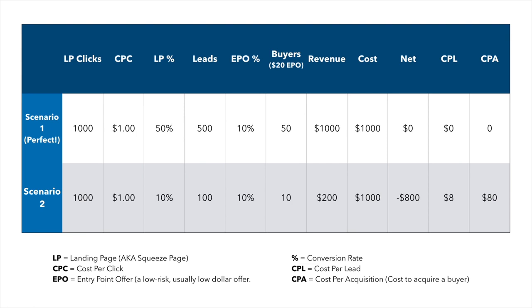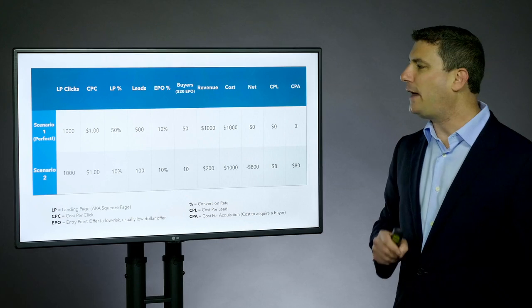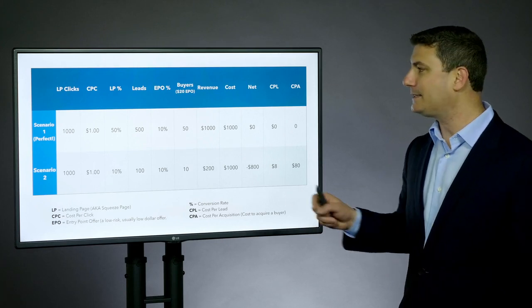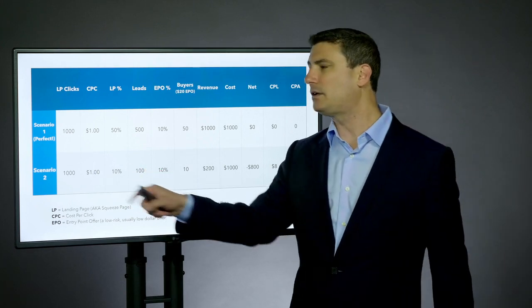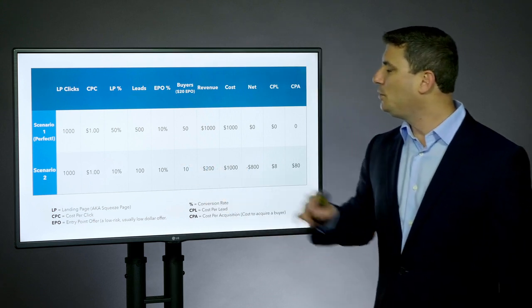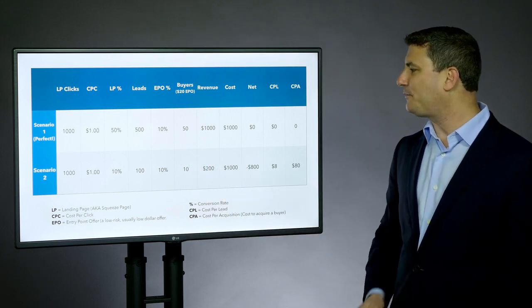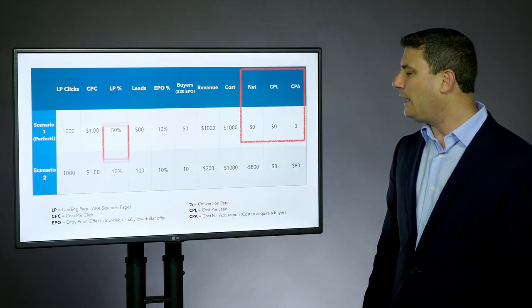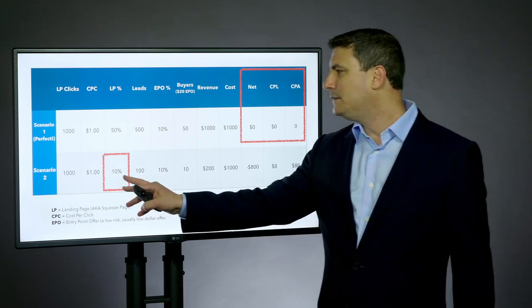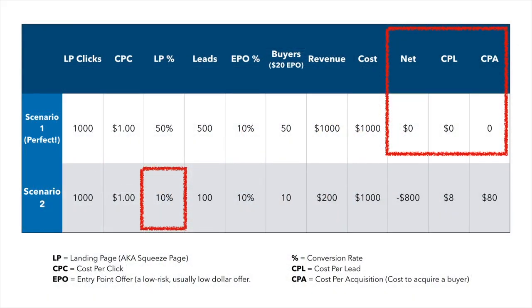Let's look at a less than ideal situation in scenario 2. You've got 1,000 clicks, same amount of clicks, same click cost of $1 per click. The big difference is that you've now dropped from a 50% conversion rate with your lead magnet to 10%. So your content marketing hiring guide is not working, right?